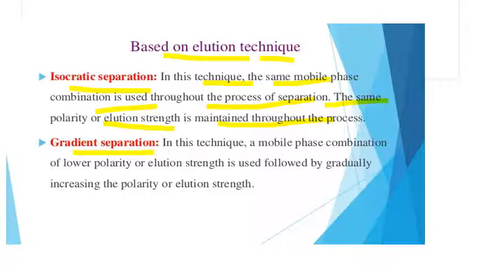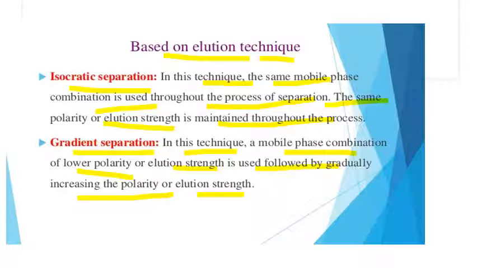Now, if we use more than one concentrated solvent, then we have gradient separation. In gradient separation, a mobile phase combination of low polarity or elution strength is used first, followed by gradually increasing the polarity or elution strength.